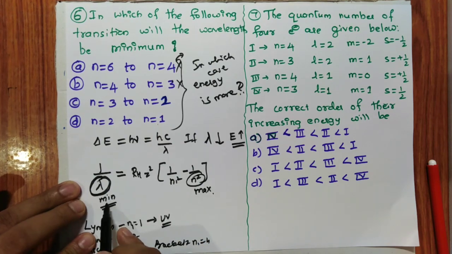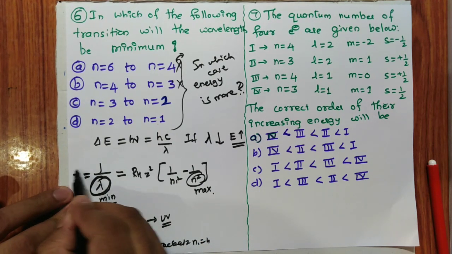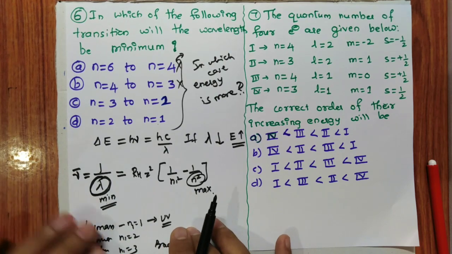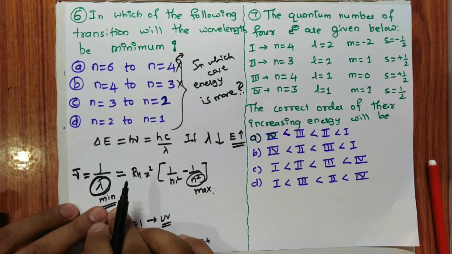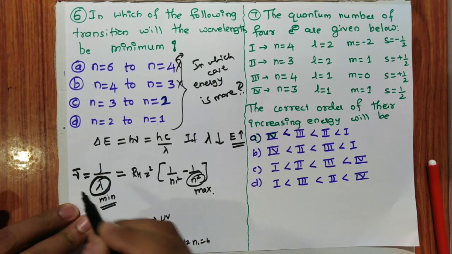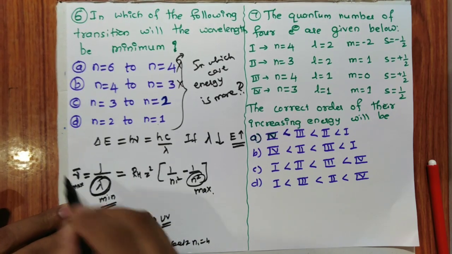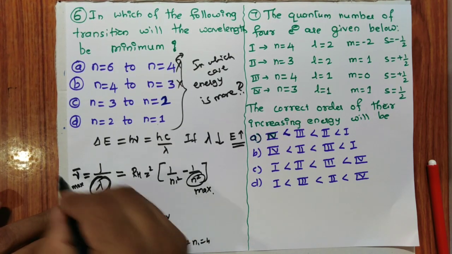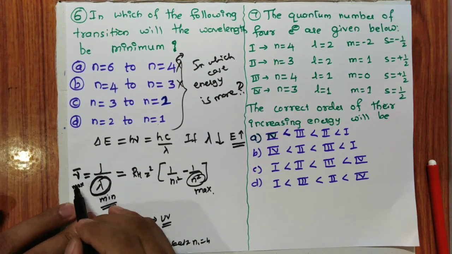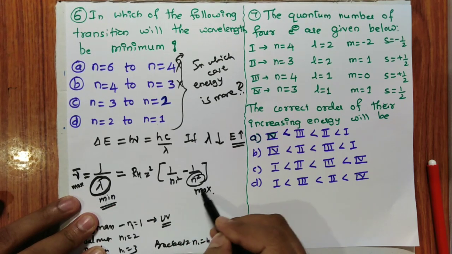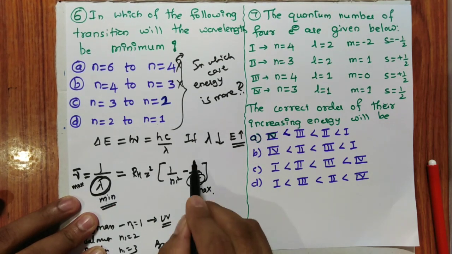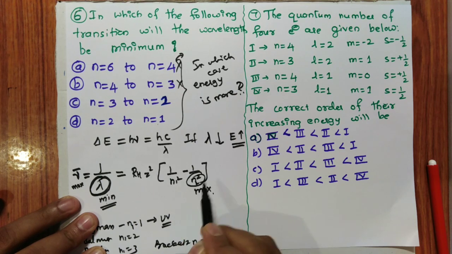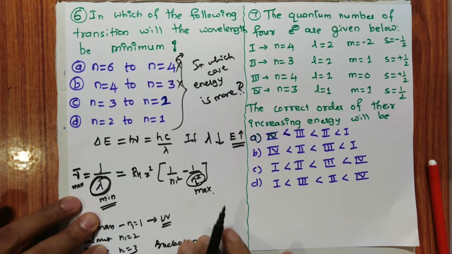So if this is minimum, lambda bar will be maximum, because nu bar is inversely related. If nu bar is maximum, what should be this value? Minimum. Then 1 by n1 square minus 1 by n2 square should be minimum, then n2 square should be maximum.